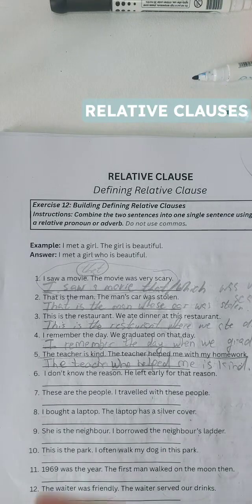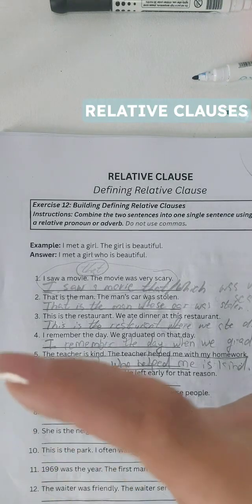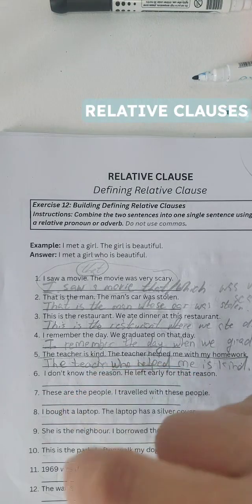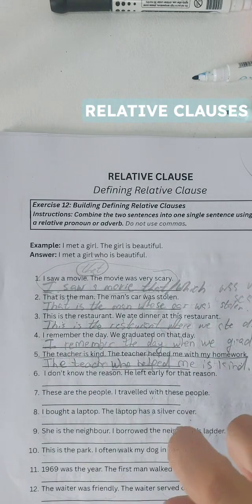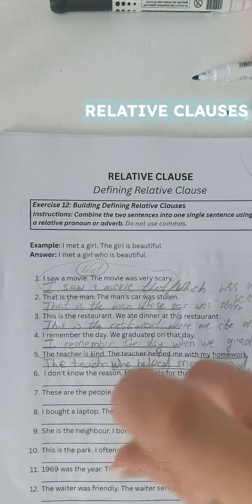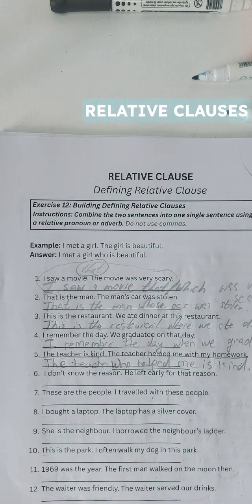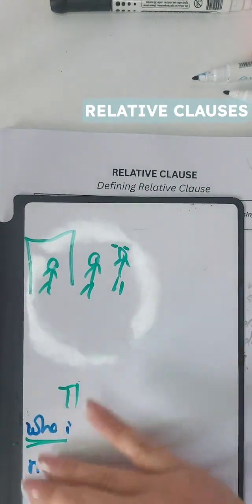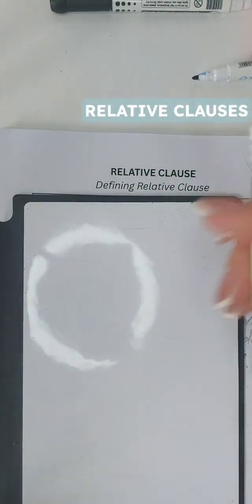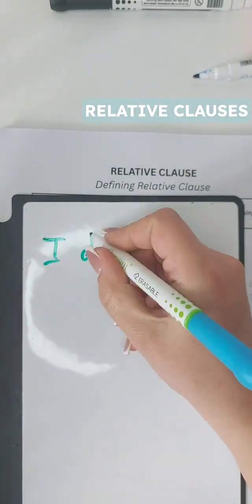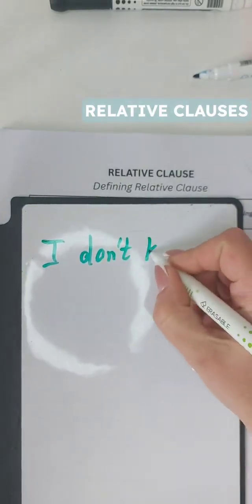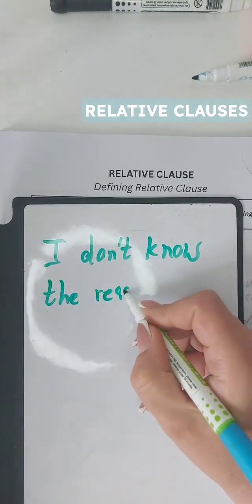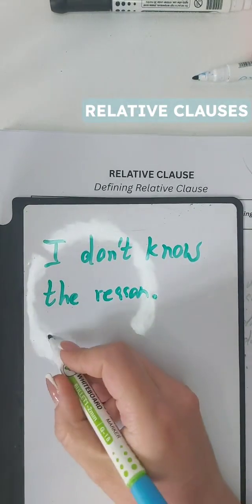Now we need a relative word to combine these two sentences and turn it into the relative clause, to turn it into the longer sentence, because here we have two sentences, right? I don't know the reason, one sentence.